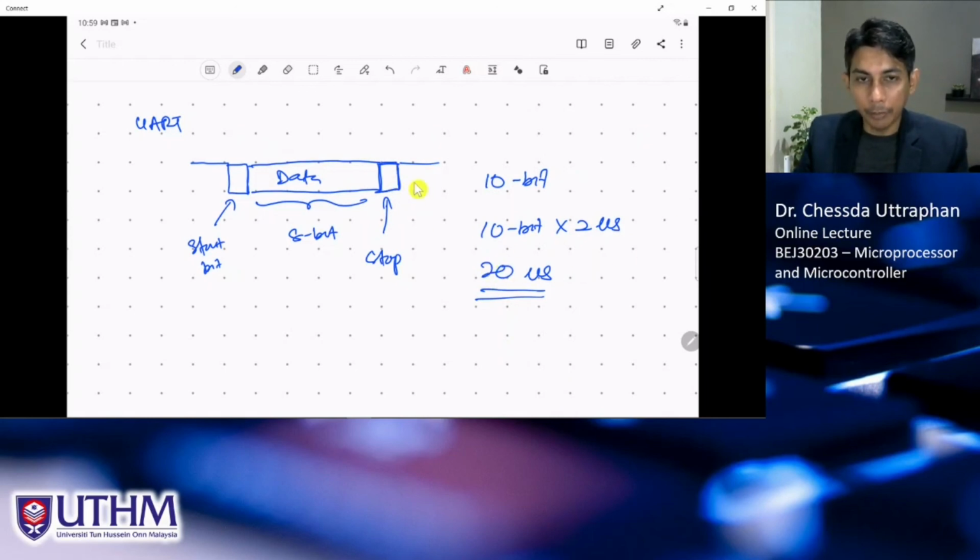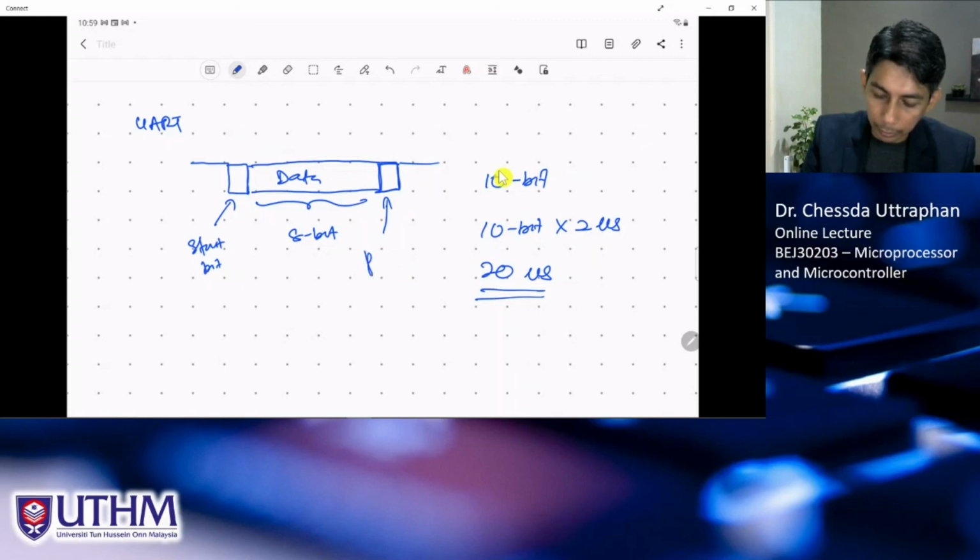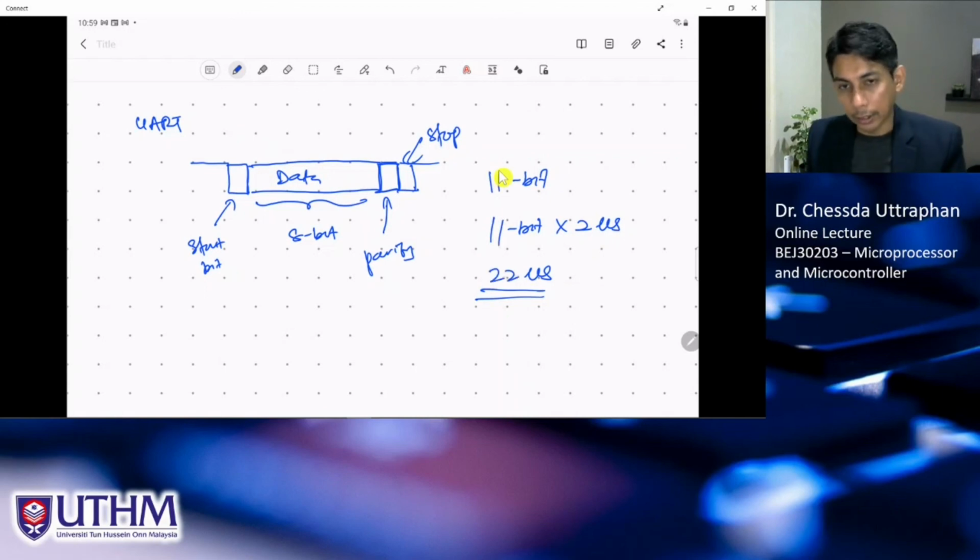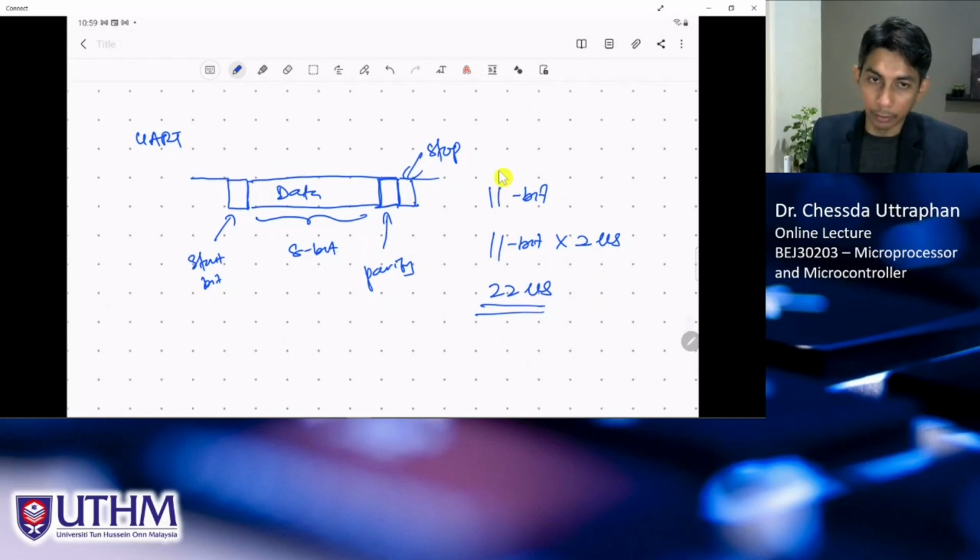And if you have a parity bit, you need to have another one. So if you have a parity bit, you have an extra before you stop, and now you have 11 bits, and you have 22 microseconds at least that you need to send a byte of data.